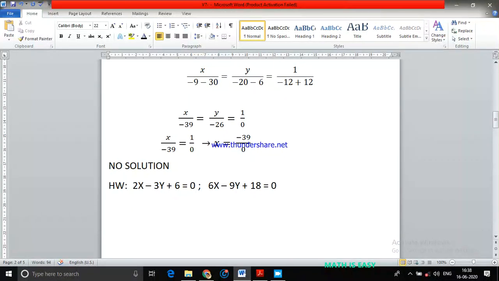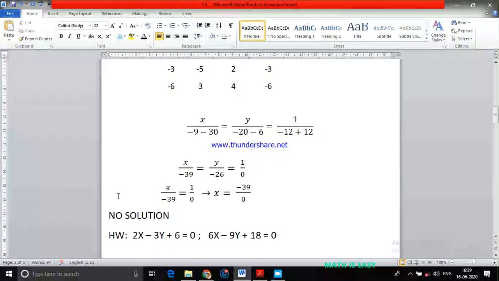Try this with cross multiplication and see what type of answer you get, because this has infinitely many solutions. A1 upon A2 is 1 by 3, B1 upon B2 is also 1 by 3, C1 upon C2 is also 1 by 3. 6 by 18 means 1 by 3. So just try this equation with cross multiplication and let me know how the answers look.